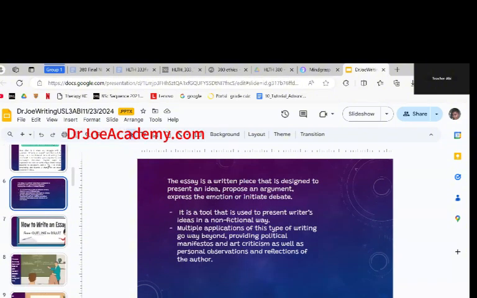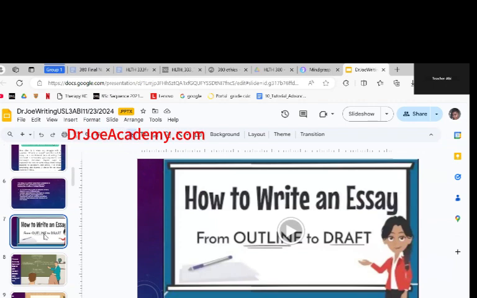An essay is basically a piece of writing where you're proposing an idea. There are several different types of essays. One is where you're evoking emotion, which means bringing out emotion, like narrative writing or descriptive writing, which is very emotion led.